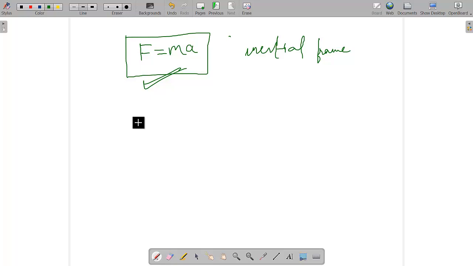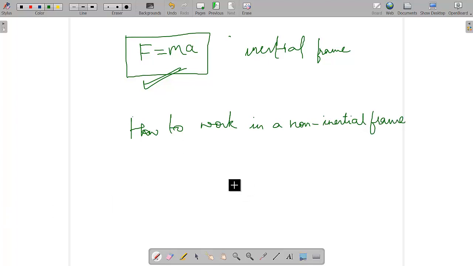Now the thing is, what will we do when we are working in a non-inertial frame? Okay, so how to work in a non-inertial frame? So let's say you are inside some elevator, and then you have to work. Sometimes what happens is it is very easy to get the equation solved or get the answer in a non-inertial frame rather than seeing it from outside.